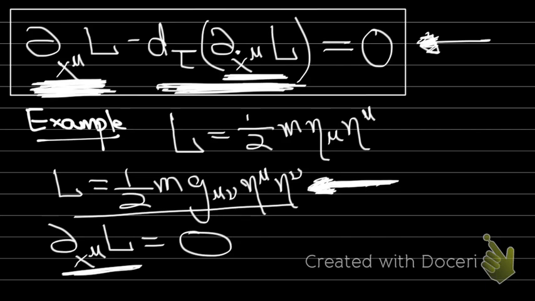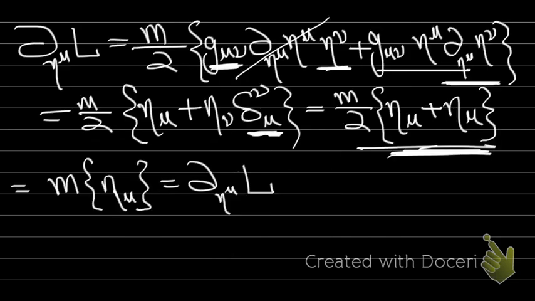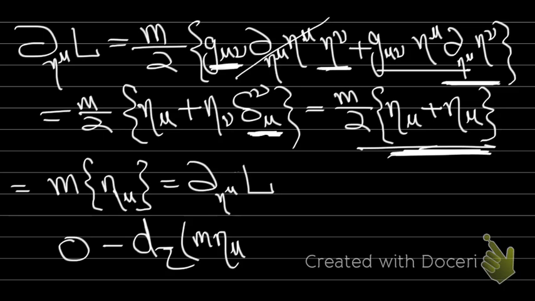So we could write this equation now as 0 minus the total proper time derivative of m times eta mu, and this thing is of course equal to 0.